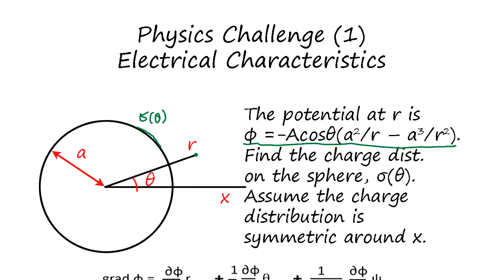Okay, so you know this is a very basic theory. Potential phi r and the charge distribution are related, and that's a very basic thing you have to remember.